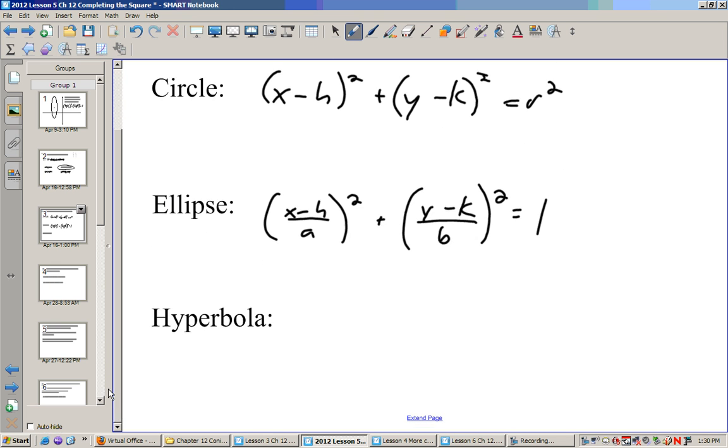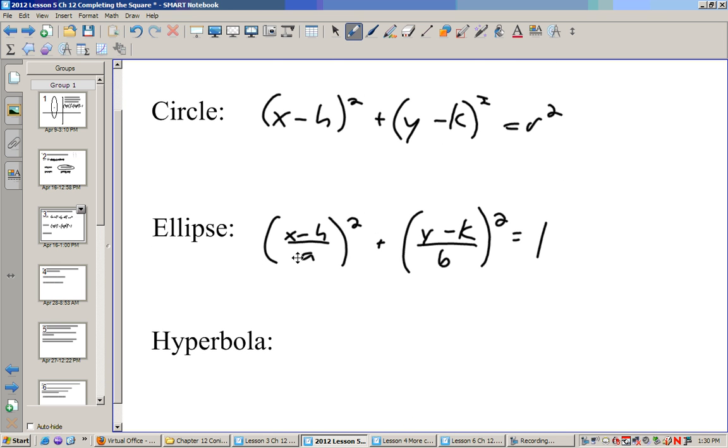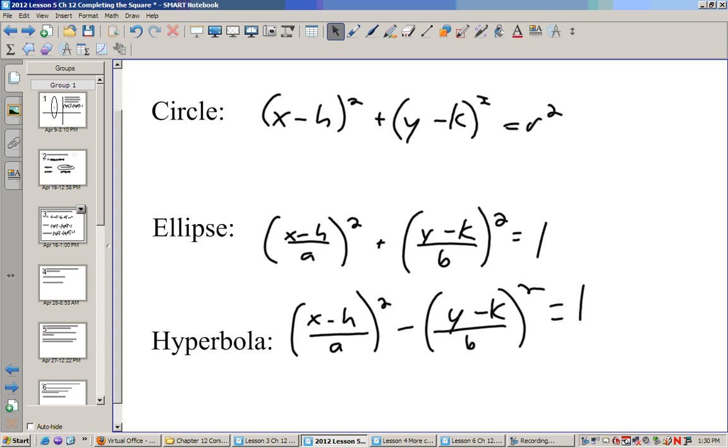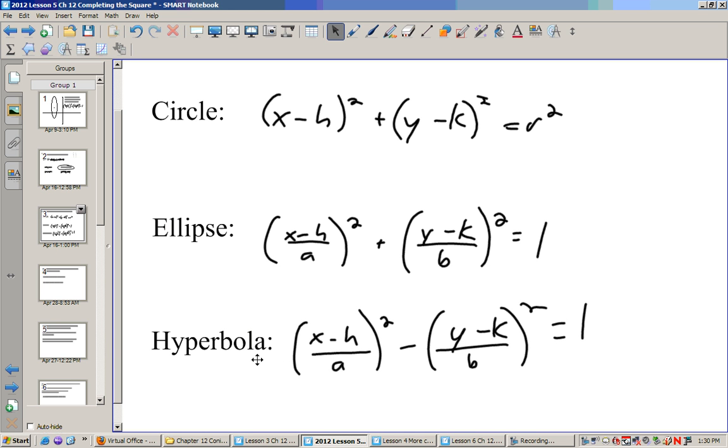And my hyperbola, one of these two is negative. So we say x minus h over a squared minus y minus k over b squared equals 1, or the first one is negative and the second one will be positive.